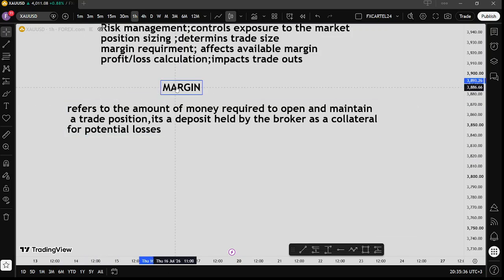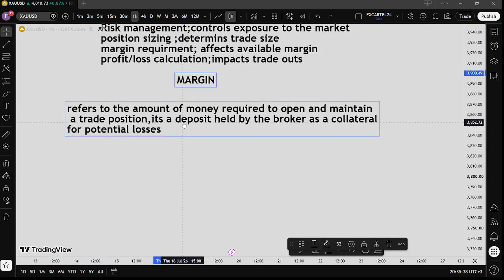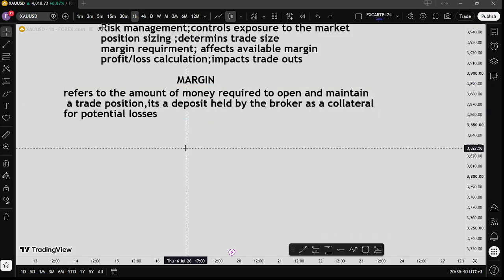losses. Do you know, like I said, this market is very huge, but because of the systems they created, it came to us that everyone can access it, and everyone can trade. So the broker just gives you the amount you have to deposit.